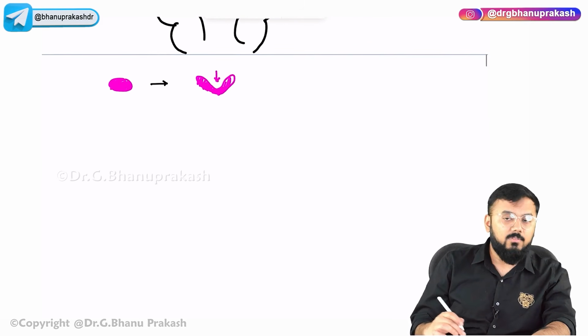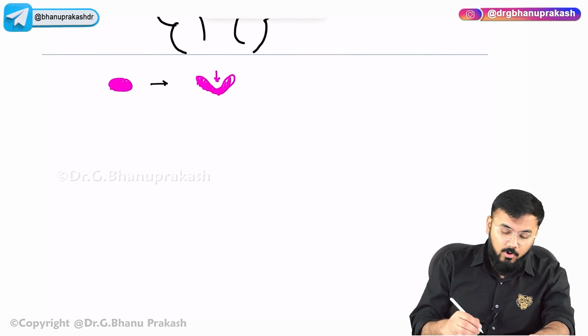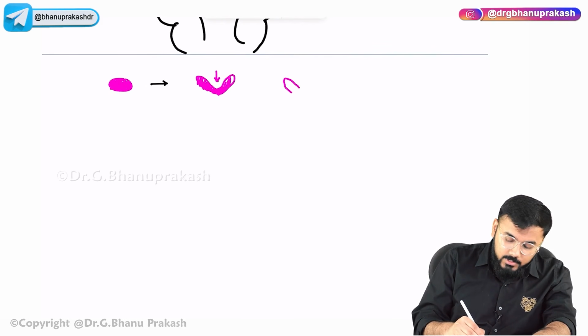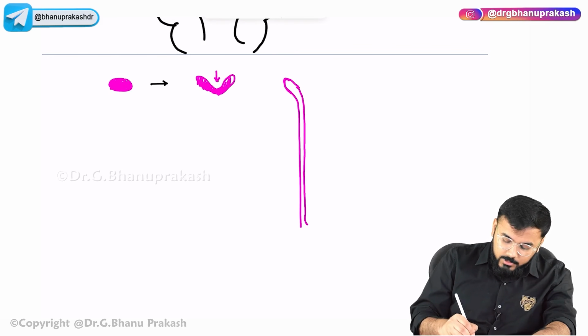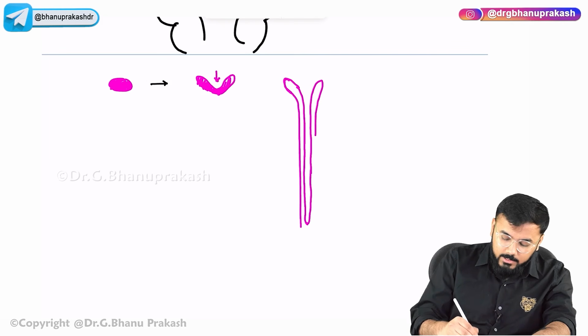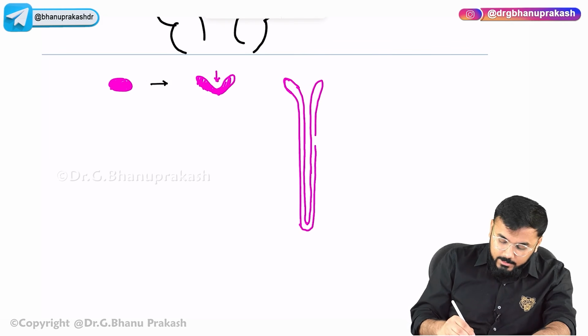Now this depression will invaginate more, going down like this, and it forms a duct in this way.